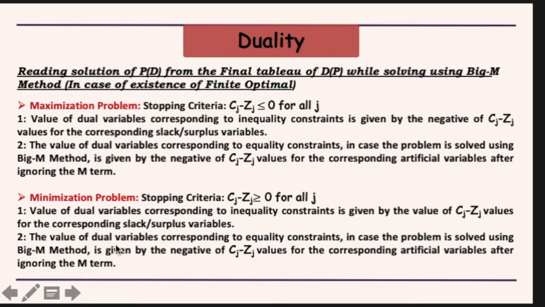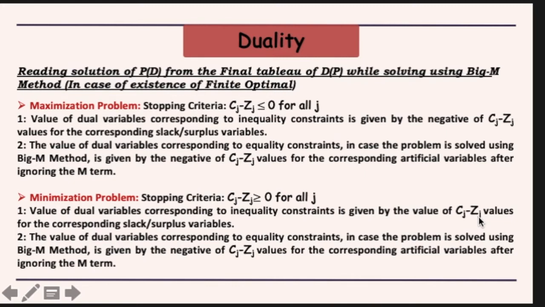So this process is similar to that of the maximization process. The only difference is, in case of a maximization process, when we are talking about the value of the dual variables corresponding to inequality constraints, we are going to take the negative of Cj minus Zj, and in case of a minimization problem we are going to take the value of the Cj minus Zj as it is.